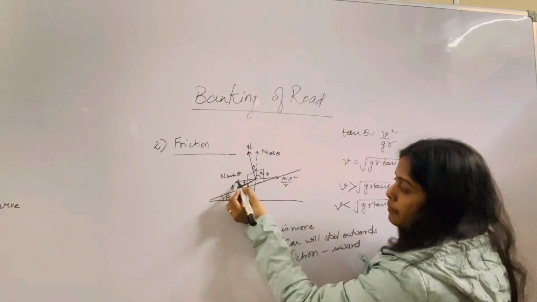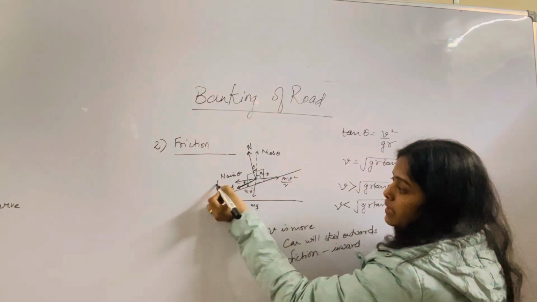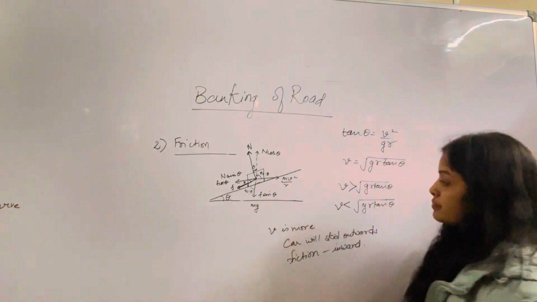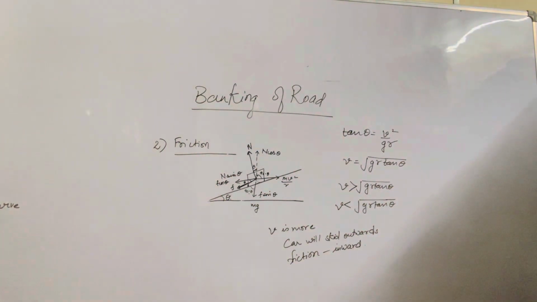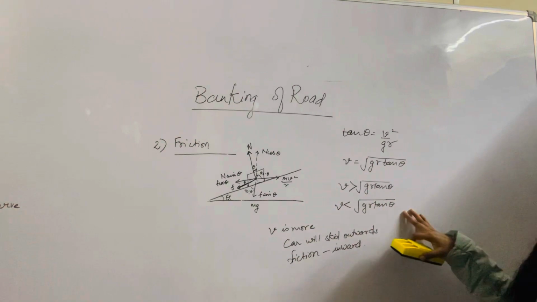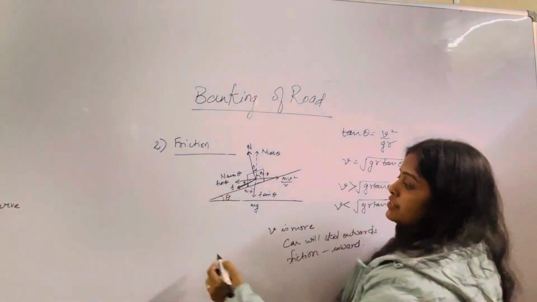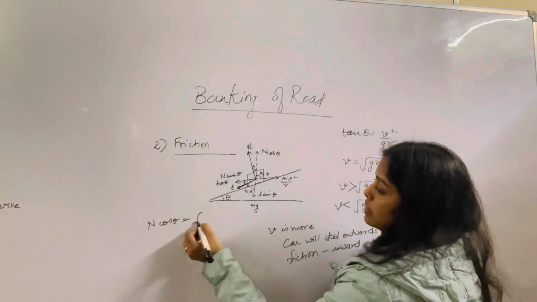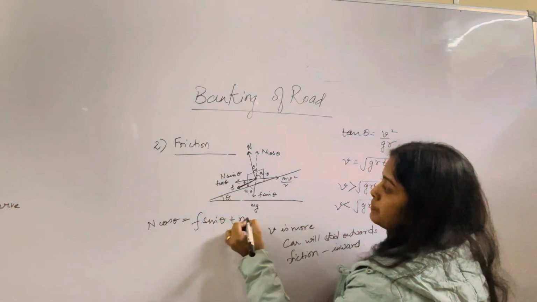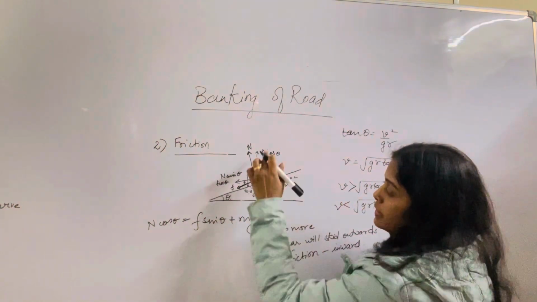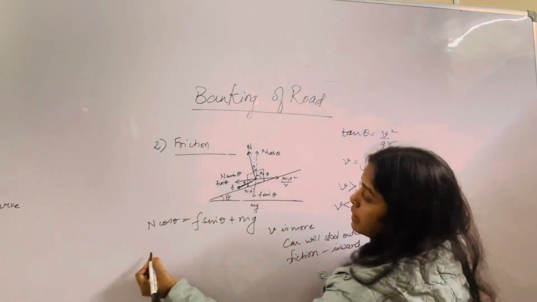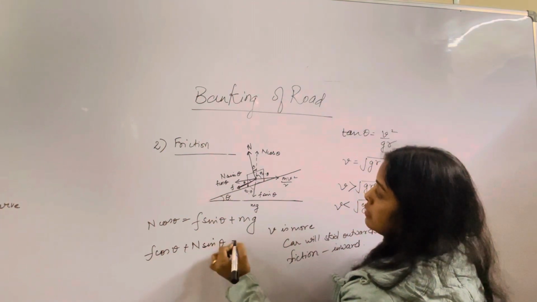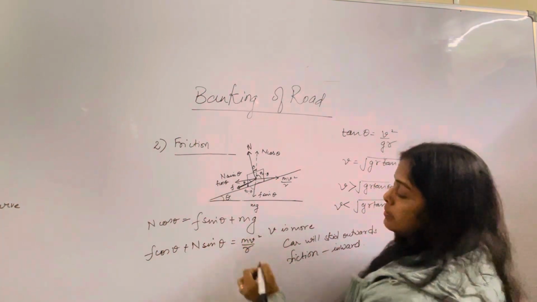This is angle theta, and this gives f cos theta, and here we have f sin theta. So in this case the equations change: taking the vertical part, N cos theta is equal to f sin theta plus mg. Taking the horizontal part, f cos theta plus N sin theta is equal to mv square by r.